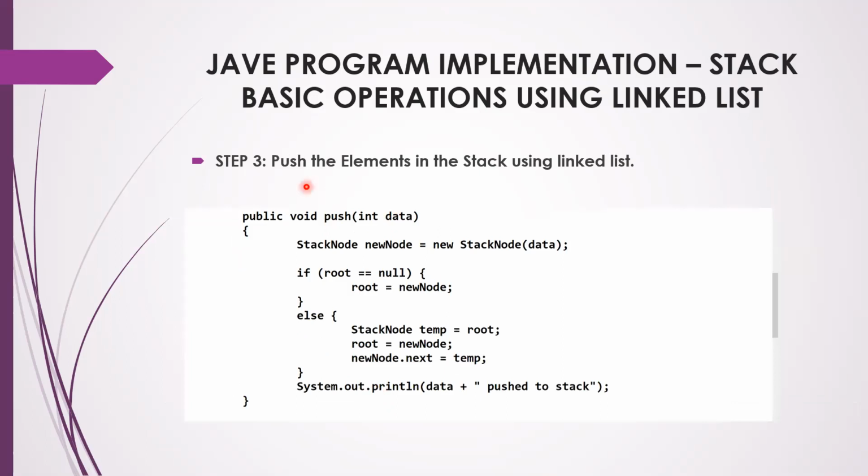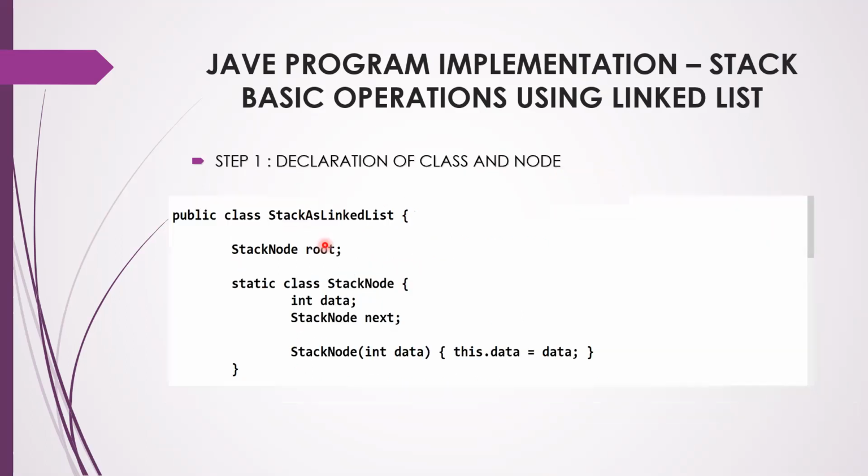Next, you should push the elements in the stack using linked list. So for pushing the elements in the stack, first you have to declare the push method. So public void push(int data), and then you have to create an object for the class which you have created.